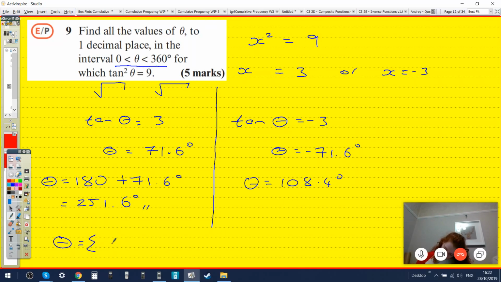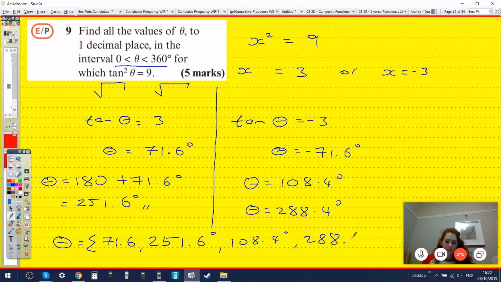And then the next one would be 288.4. That's great. 108.4 and 288.4. And yes, if you were to add on anything else, it would be definitely above. Yes. Great. So just watch out for that one.